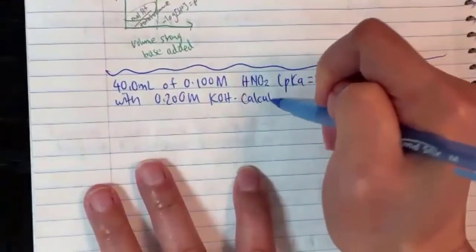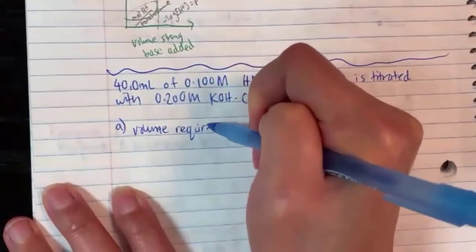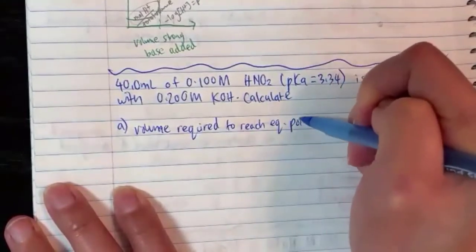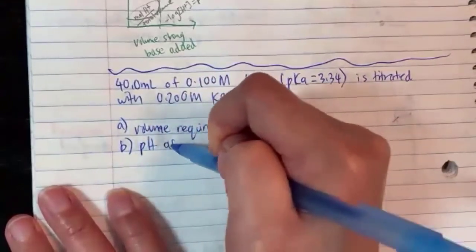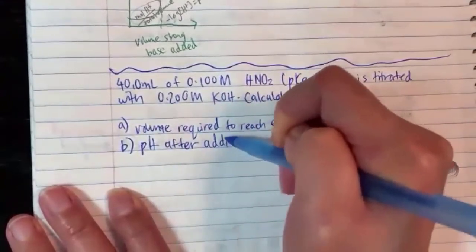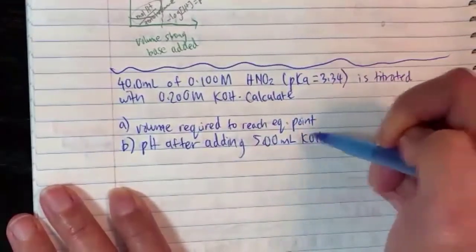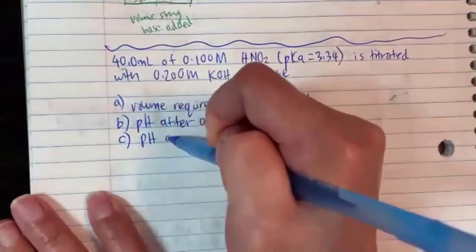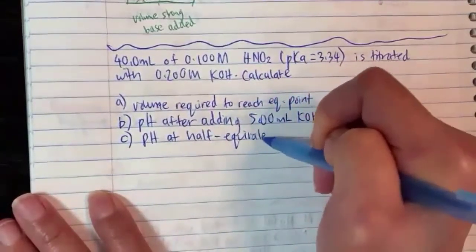Calculate A, the volume required to reach equivalence point, and then B, the pH after adding 5 mL of KOH. C, the pH at half equivalence point.